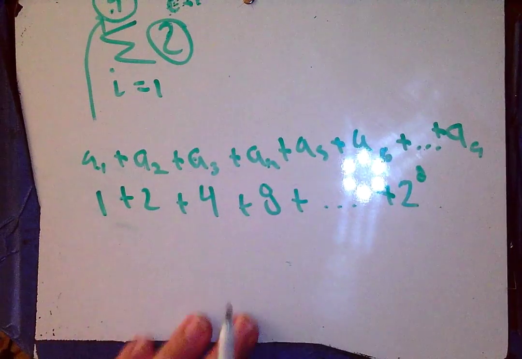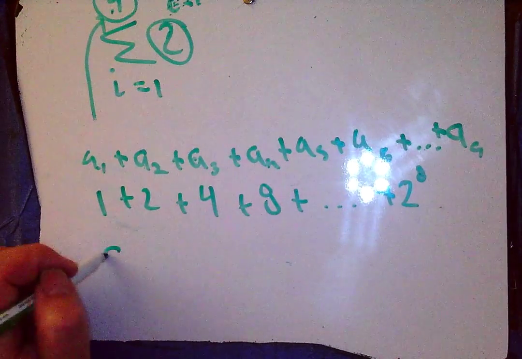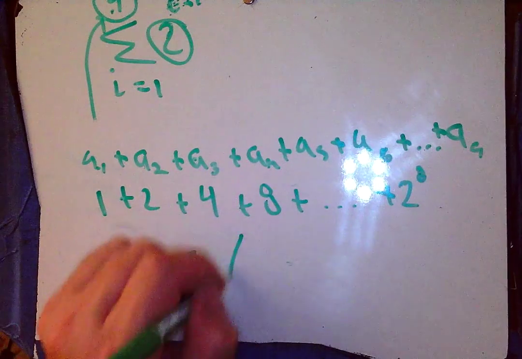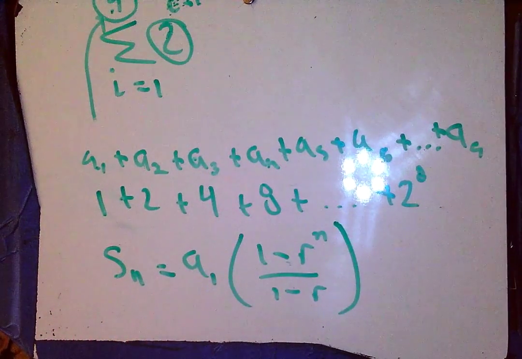And so then I could add up all these by hand. But really, why? Why not just use that sum formula, a sub 1, 1 minus r to the n over 1 minus r? Okay, so there's our sigma notation.